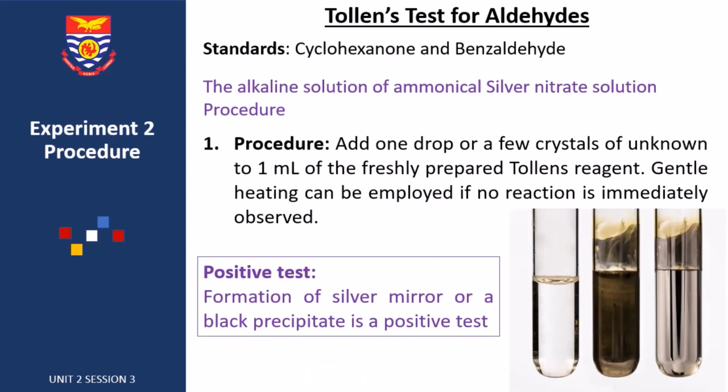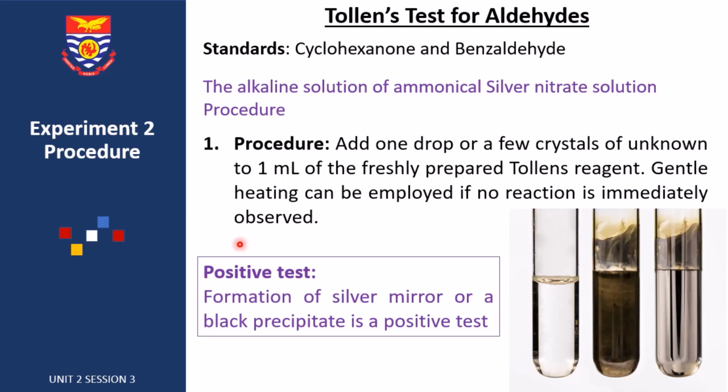The next test you can look at is the Tollens test. In this test, you add a few drops of your unknown to freshly prepared Tollens reagent, and then you gently heat it and observe color changes or the formation of a new product.